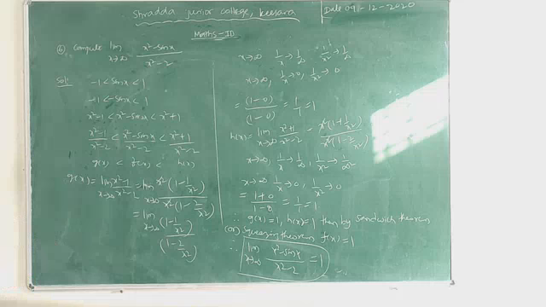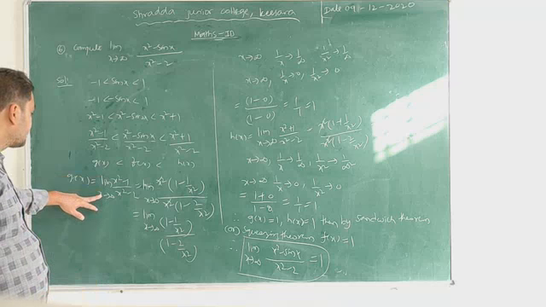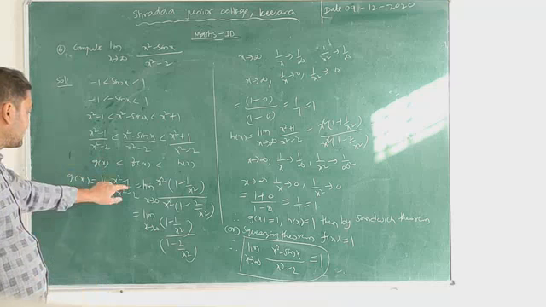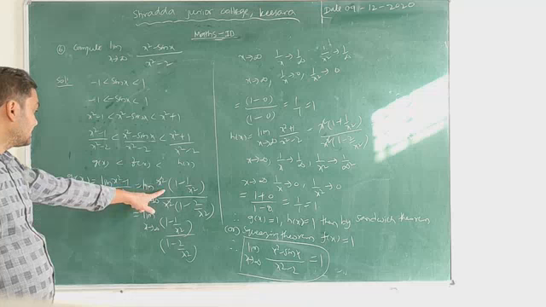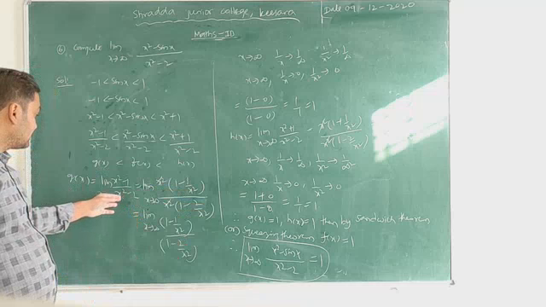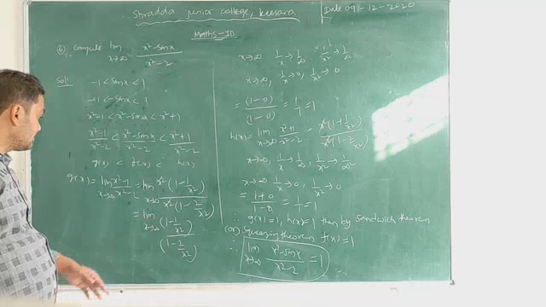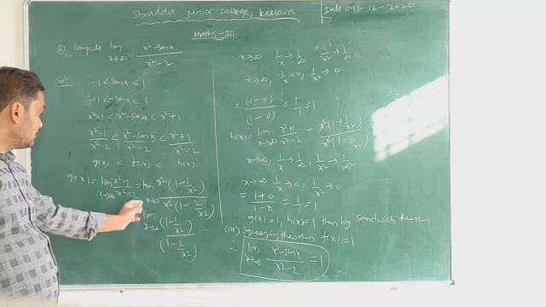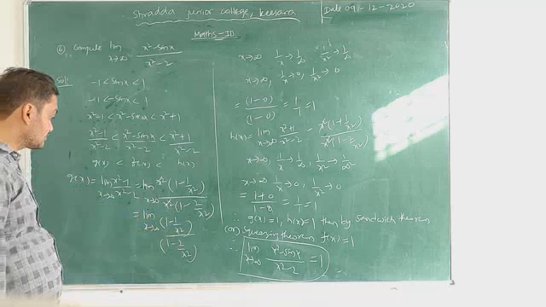See Nizam, here we are applying the sandwich theorem. g of x equals limit x tends to infinity, x square minus 1 by x square minus 2. Now x square we are getting common, then 1 minus 1 by x square, and in the denominator x square we are getting common, 1 minus 2 by x square. Now limit x tends to infinity, 1 minus 1 by x square by 1 minus 2 by x square.